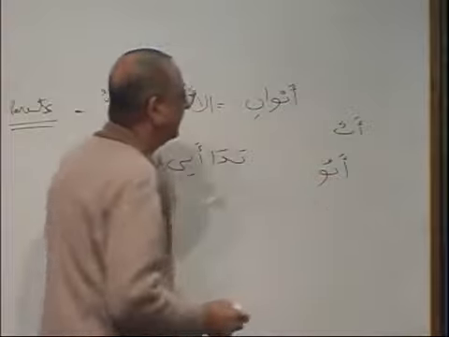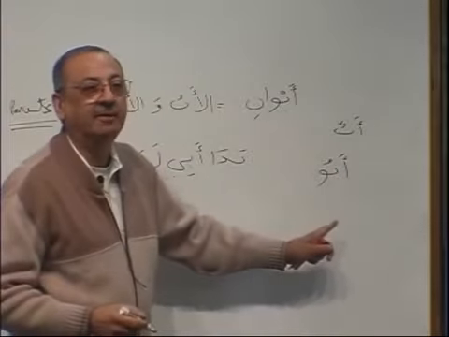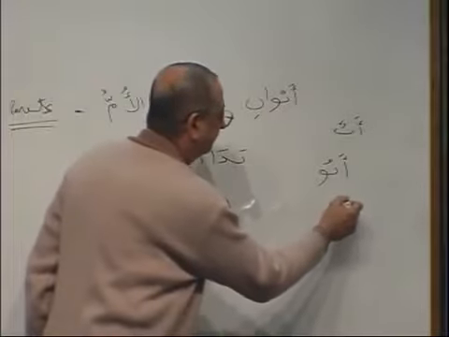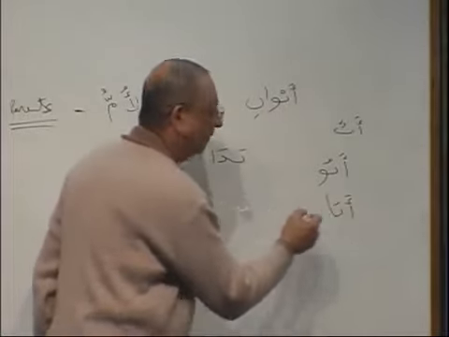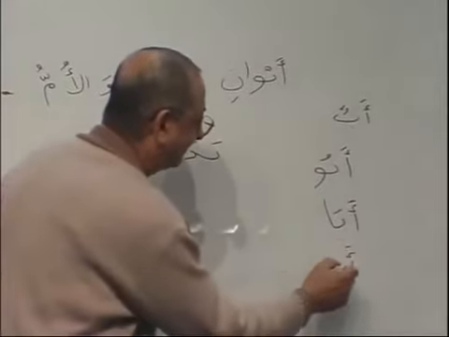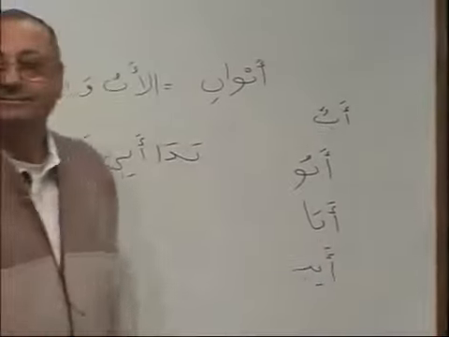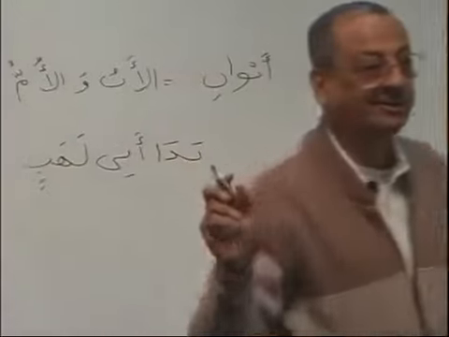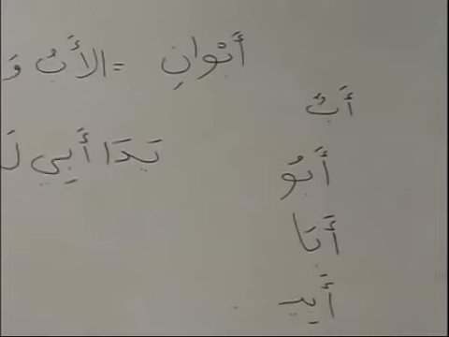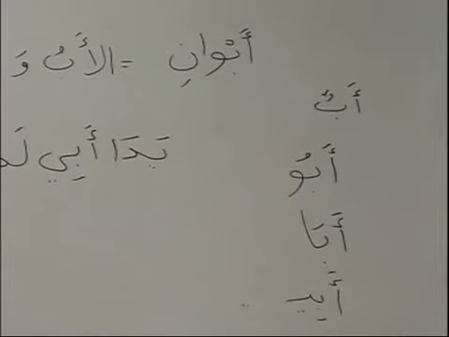But when you make it mudaf, it will become Abu. This is marfu. And this is mansub. Now make it majroor. That's the idea. That's the reason that it became majroor bil ya.